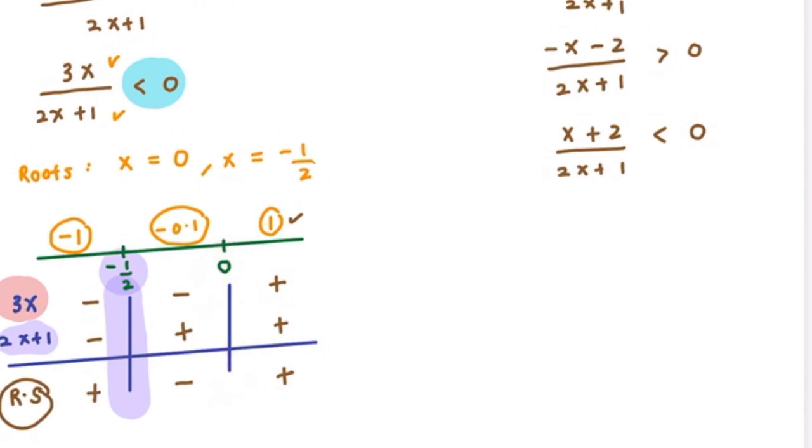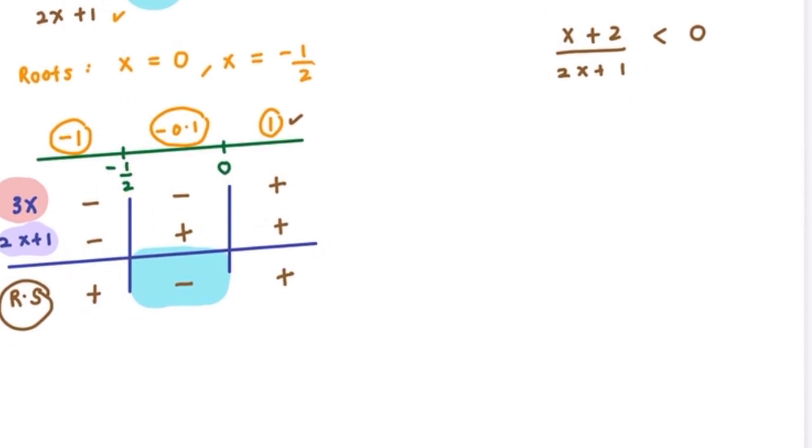So madam erases it first. So this is your positive, this is your negative answer, which is from negative half until 0. So just write your answer here first, which is negative half until 0.